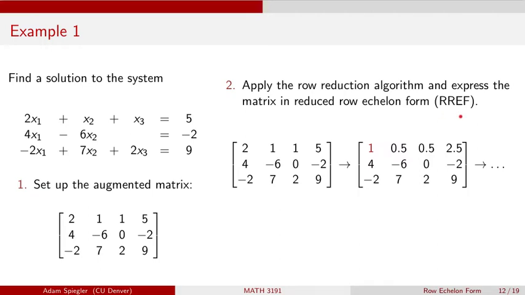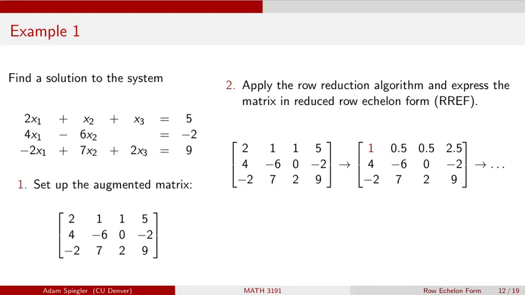And this is a very algorithmic process. I will go through the steps of this on the next slide, but it might be good for you to practice starting with this matrix, put it in reduced row echelon form using that row reduction algorithm that we developed in the previous video. And again, the order of operations that you do this are not unique, but the end result should be unique.